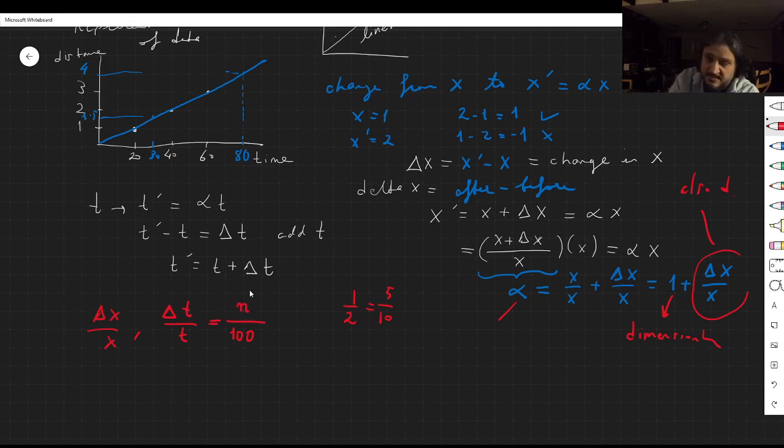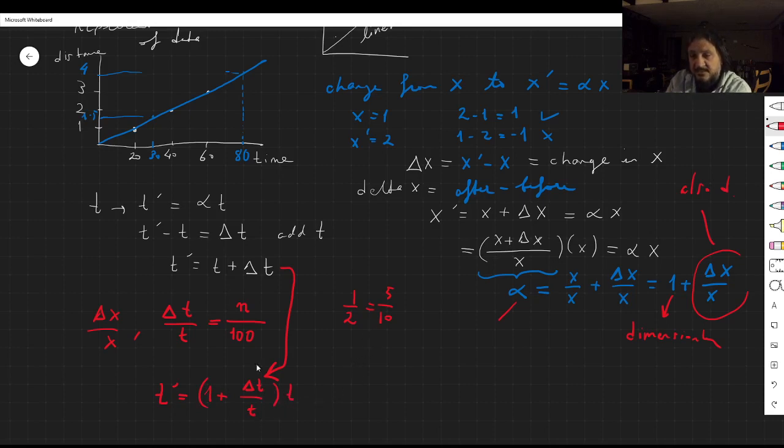So now I can write this as t prime is equal to, using the same logic, alpha is 1 plus delta x over x, meaning t prime then is equal to 1 plus delta t over t times t, right?